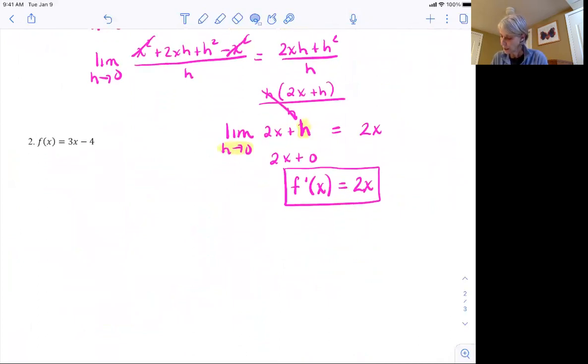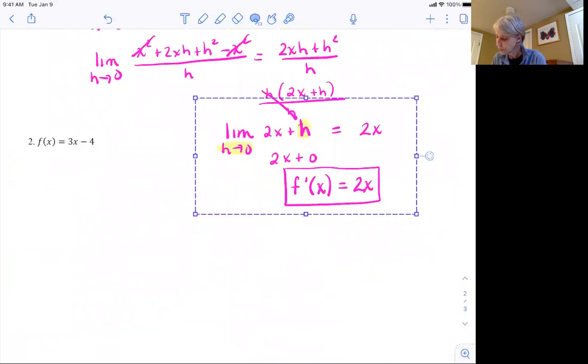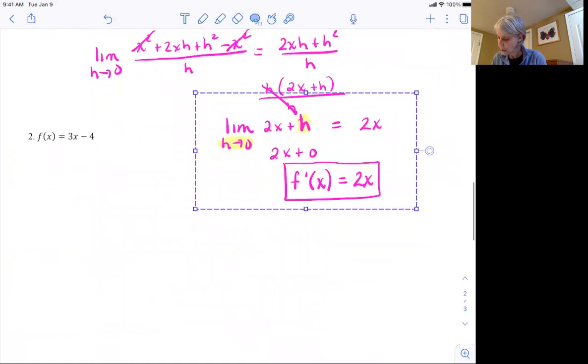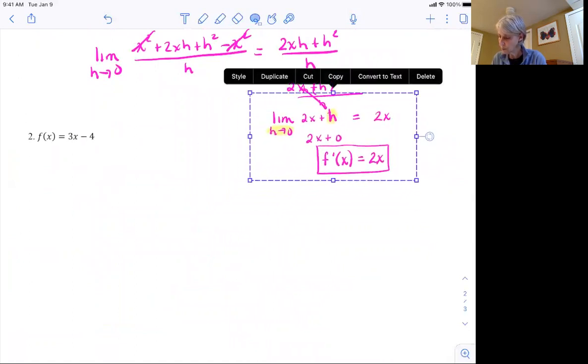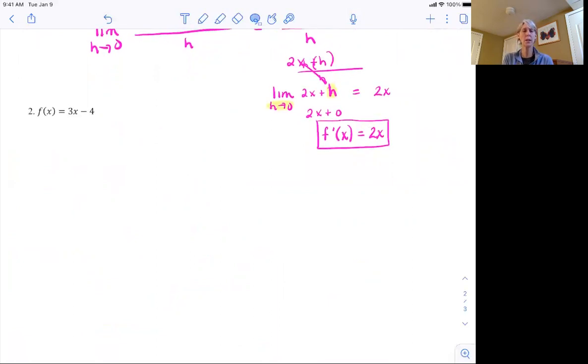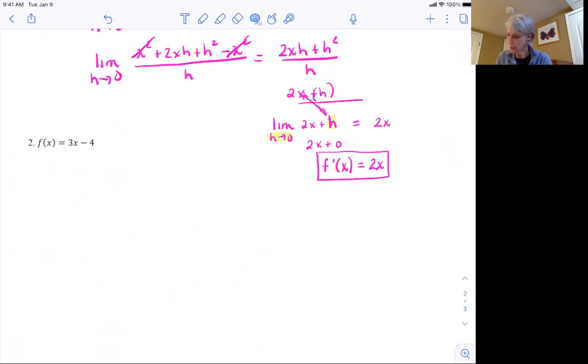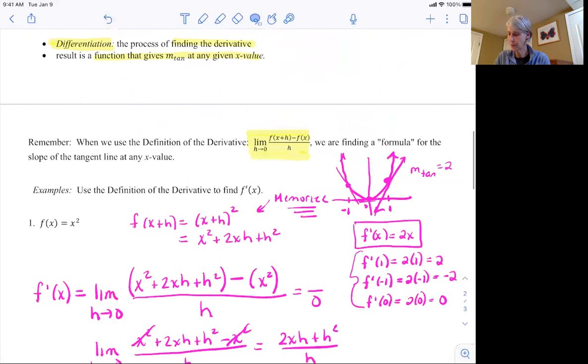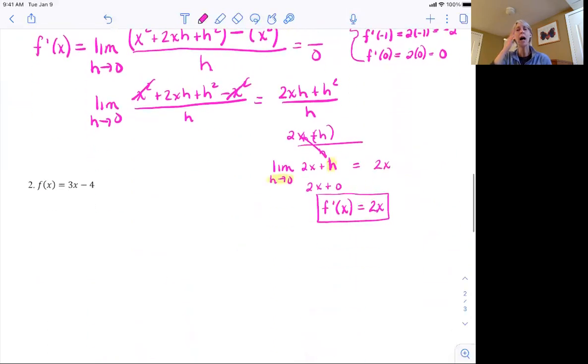Of course, I kind of went into my other problems, so I'm just going to make my work a little smaller so that I have room to work on this next example. I'll try to make it a little neater this time. All right, so anytime I'm going to set up my definition of the derivative, my limit definition, if I'm given a function, I know I'm going to have to find f of x plus h.